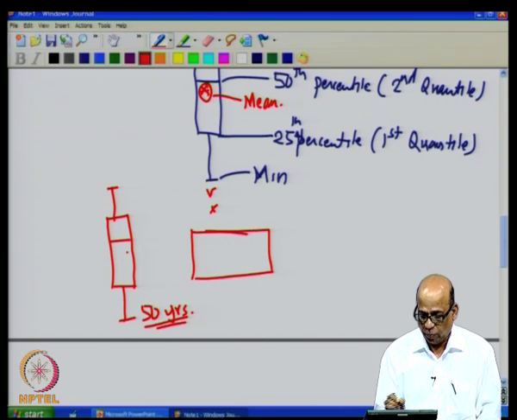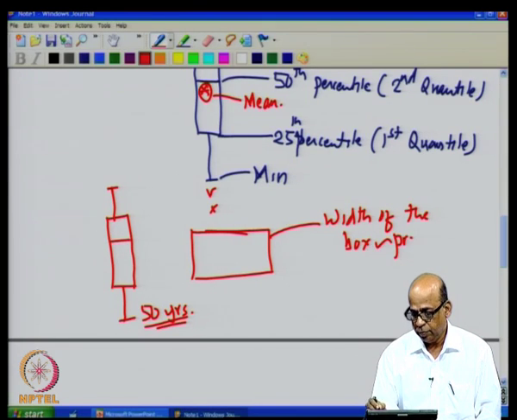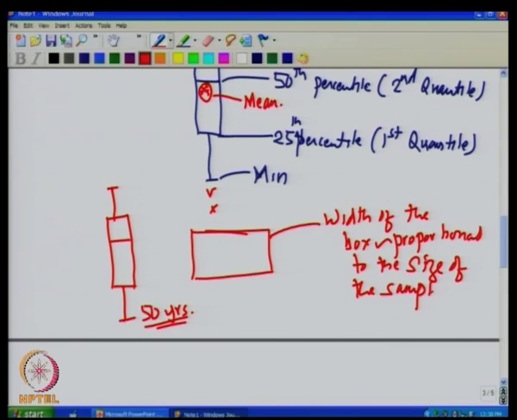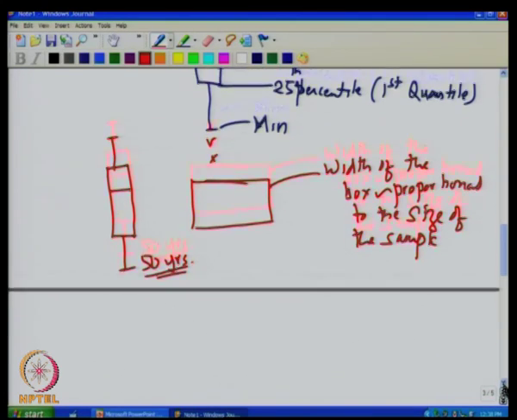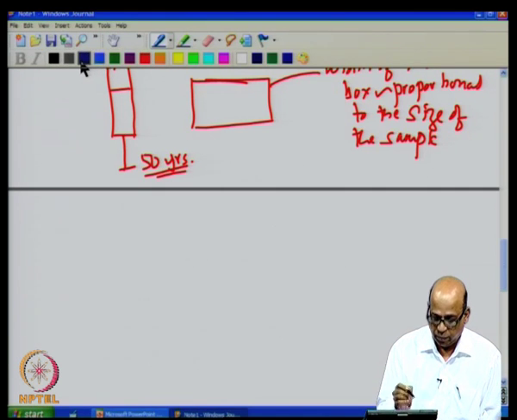So, the width of the box may be made proportional to the size of the sample. So, we may have, let us say, 3 or 4 sequences. Why we use this analysis, we will see presently.